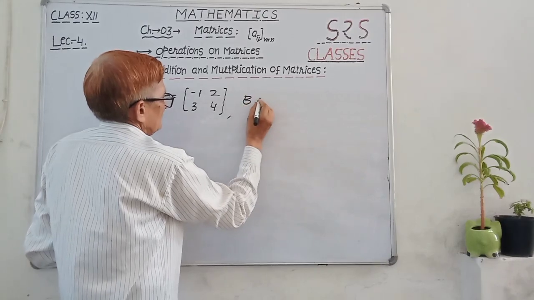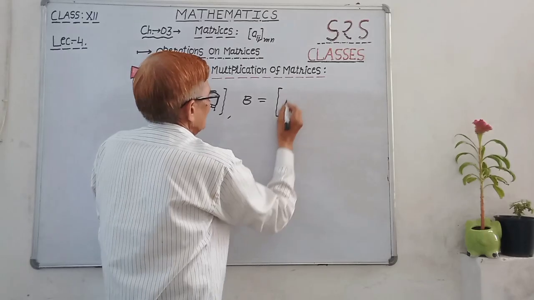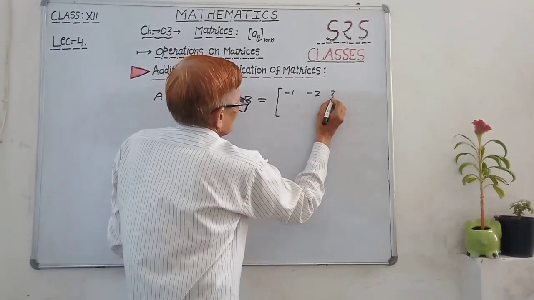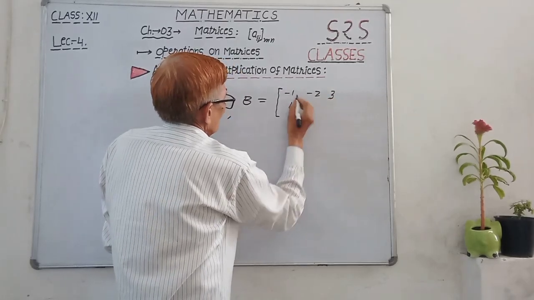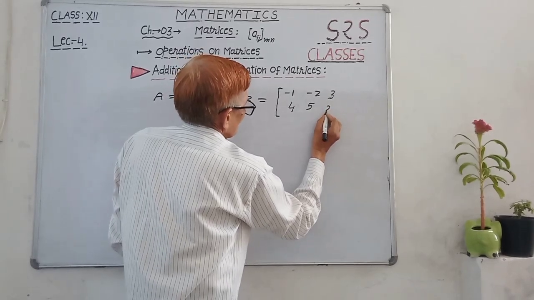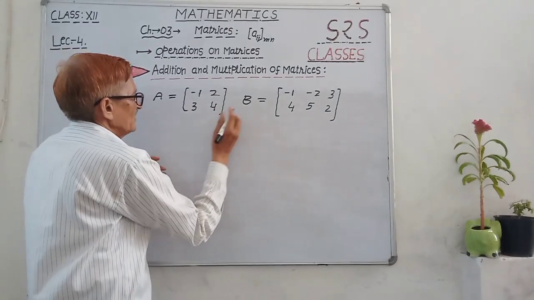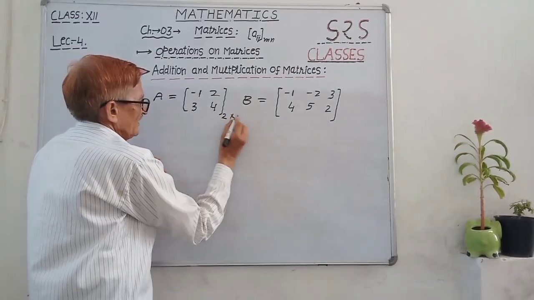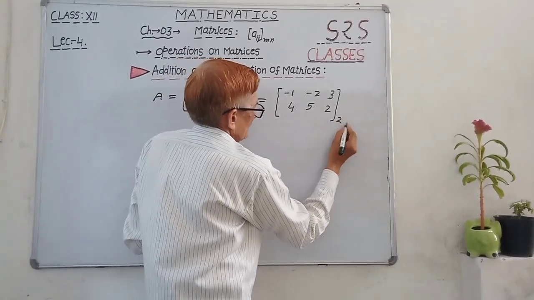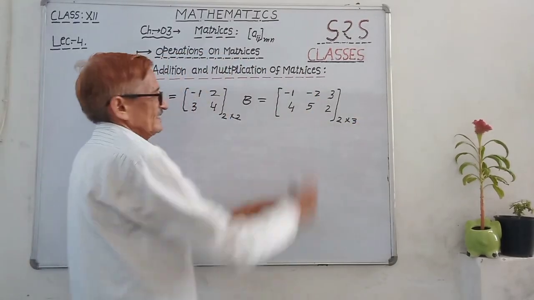B equals, let -1, -2, 3, 4, 5, 2. A is a 2 by 2 matrix, 2 rows and 2 columns. B has 2 rows and 3 columns.